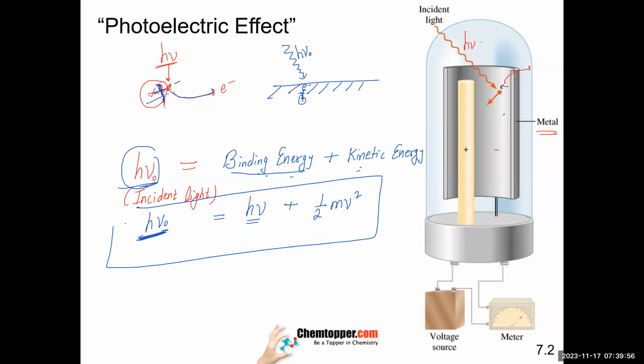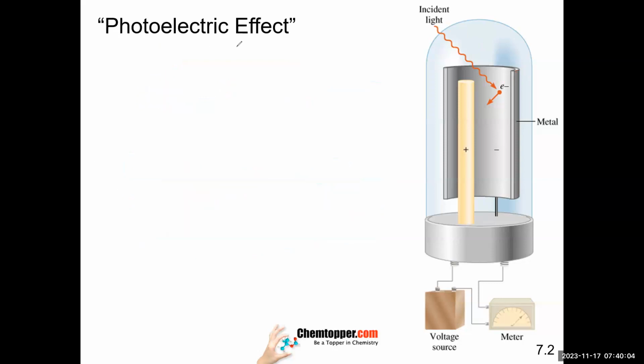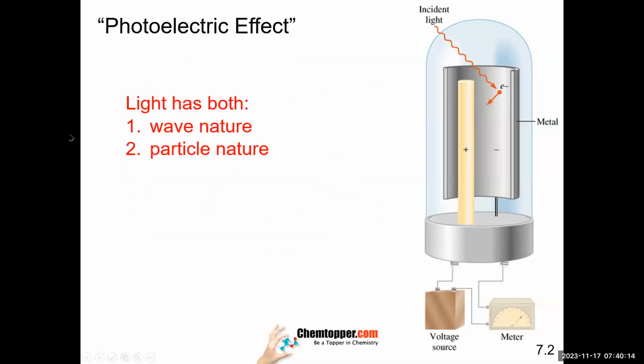Einstein is very popular because he was the first one who described the dual nature of light. Light has a dual nature. Dual nature means it has a particle nature and a wave nature. Light has particle as well as wave. This was proved by Einstein. Okay, let's see how.